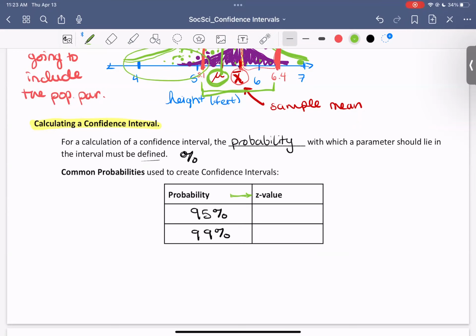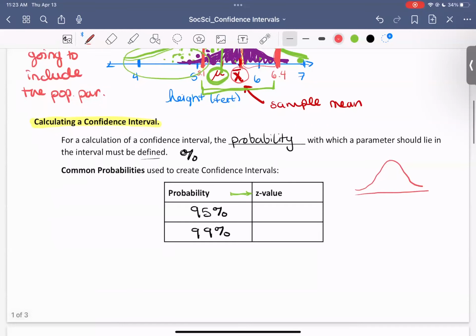The z-value you find according to the probability based on tables. And a quick side note, what the z-value corresponds to is from the normal distribution, centered at 0, standard deviation of 1. The z-value corresponds to the number of standard deviations that catch that certain percentage of the data in a normal distribution.